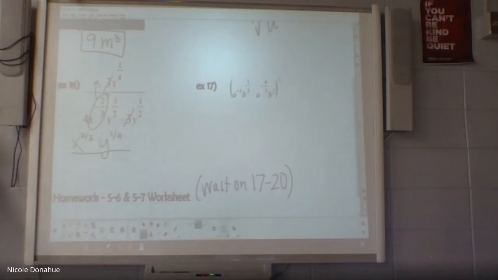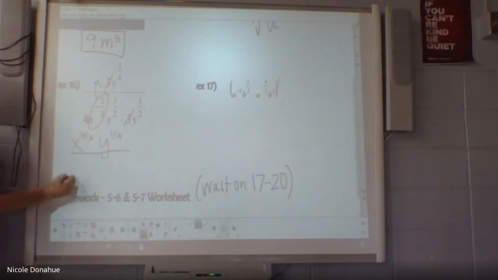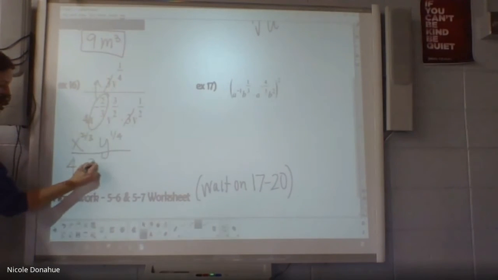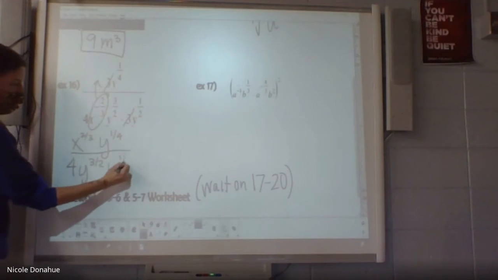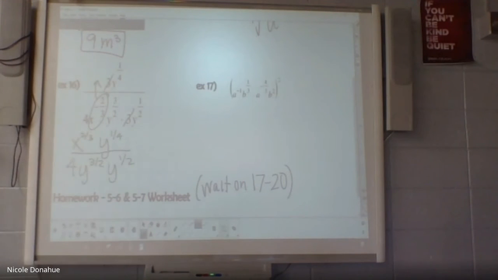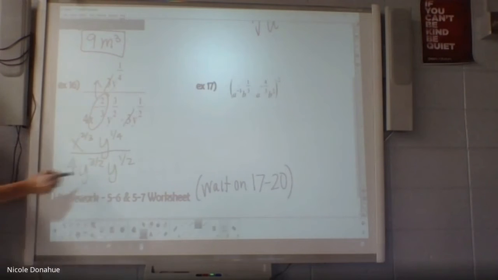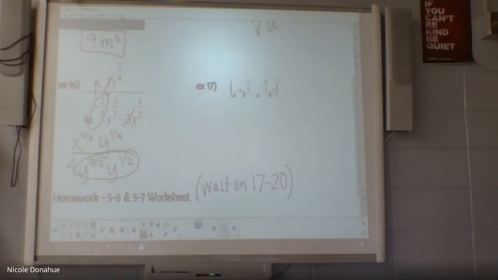Is that okay? Are you okay with that? Okay. On the bottom, I have 4, and then I have y to the 3/2 and y to the 1/2. Now, those y's on the bottom, if I put those together, how many y's would that be?